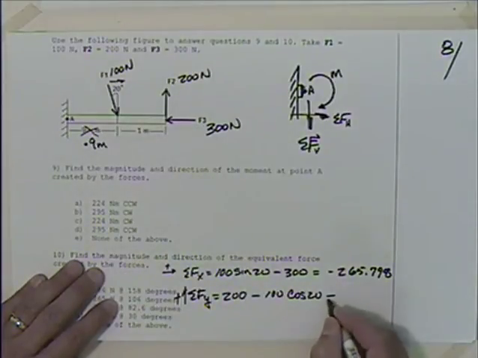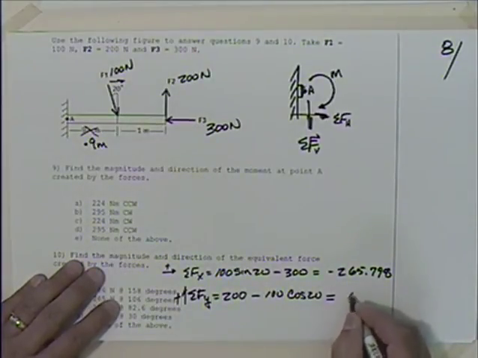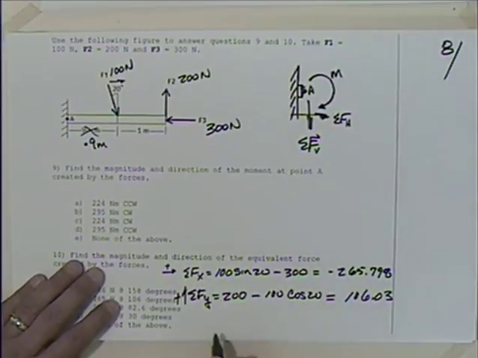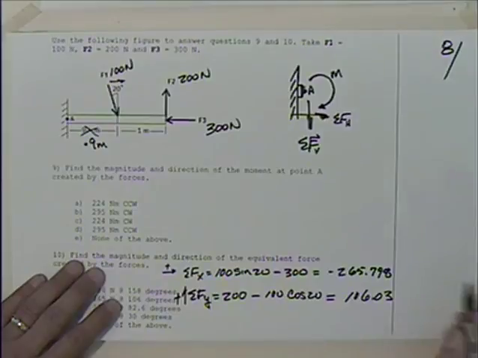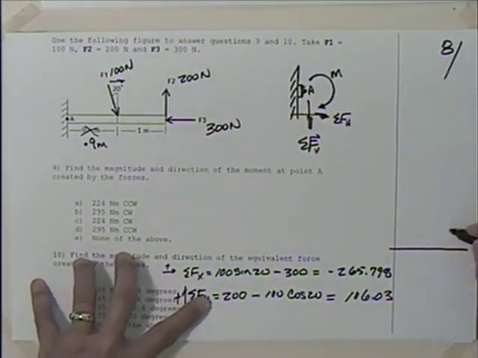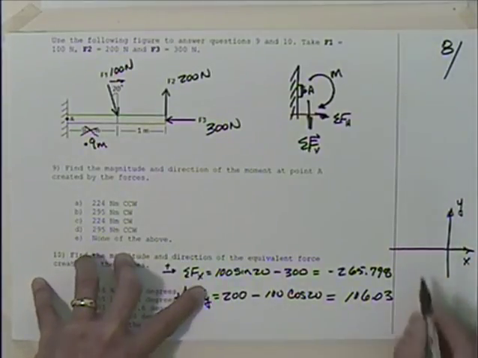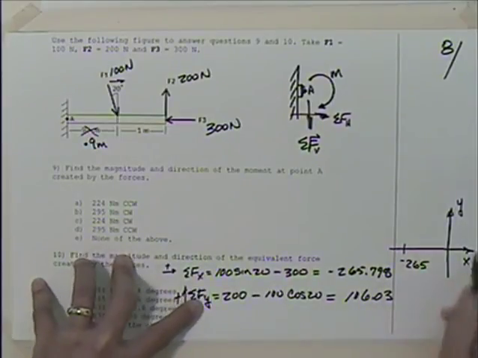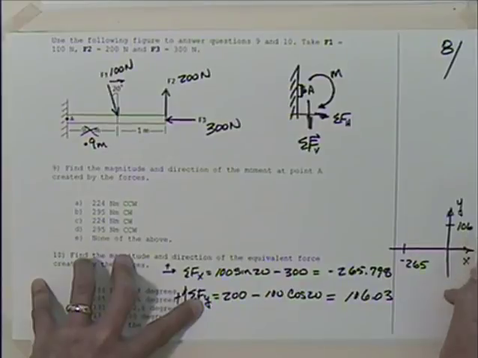I think that's it. Okay, so 106.03 is what that turns out to be. So I could plot this if I wanted to. What I'm going to have here is on my x minus 265, and on the y 106.